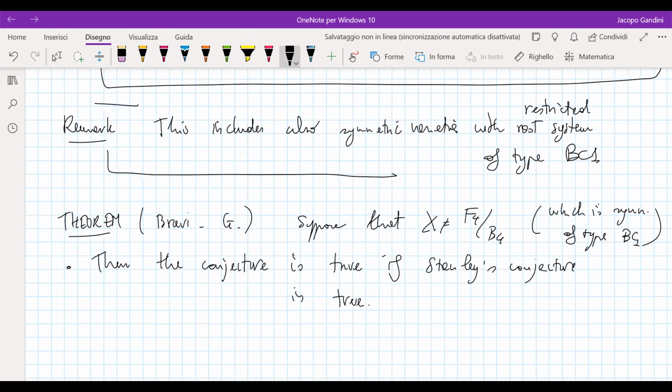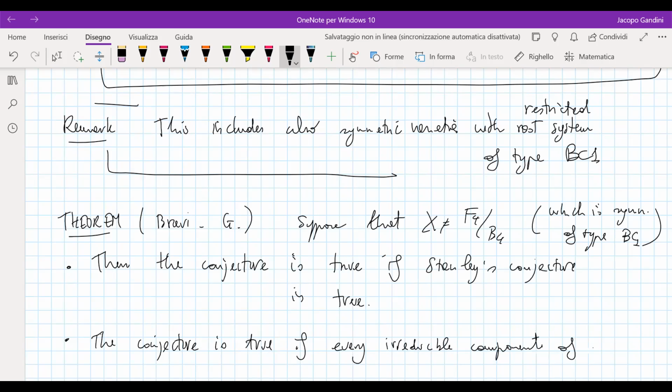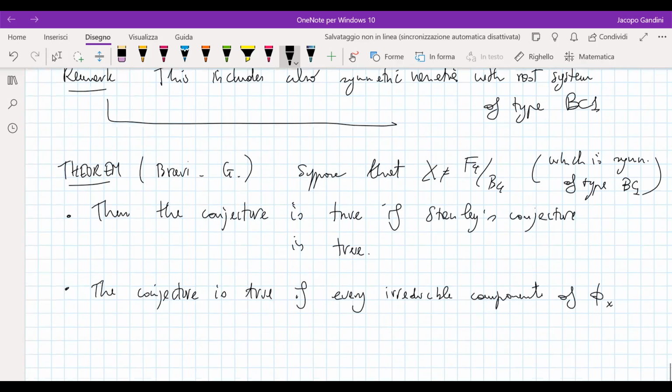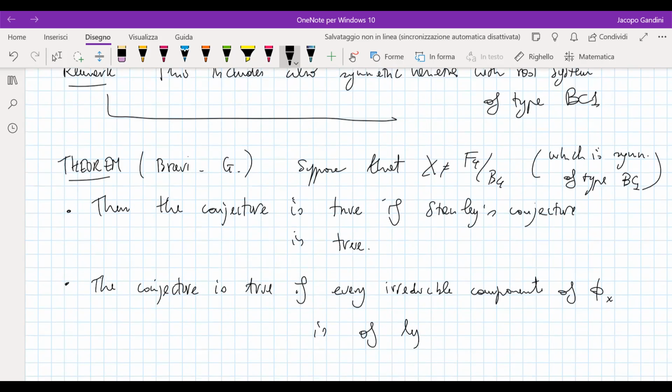And secondly, again, the conjecture is true if every irreducible component of phi x is of type A1.